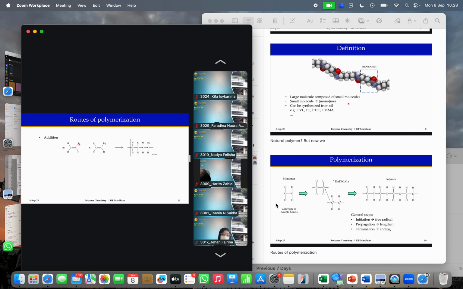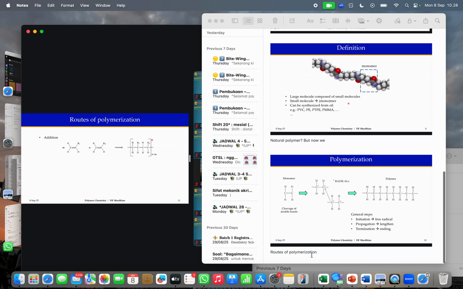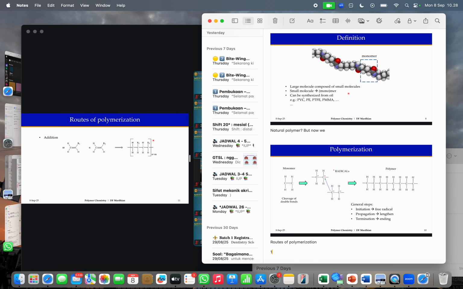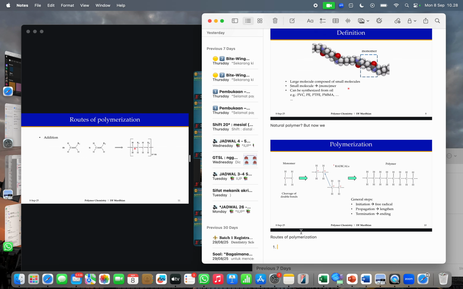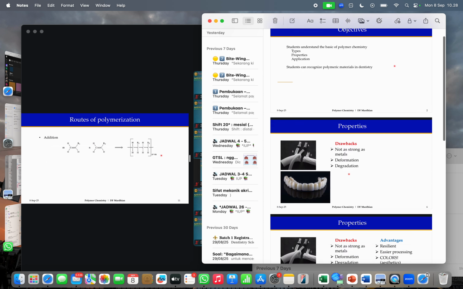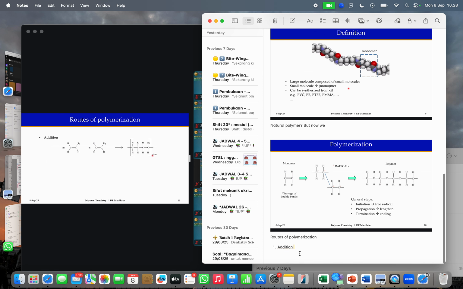So here we have R1 and here we have R2, and thus the polymer resulting from this reaction would be R1, R2, R1, R2, and so on, with N plus M repetitions. We have M number of R1, N number of R2, and here we have M plus N.